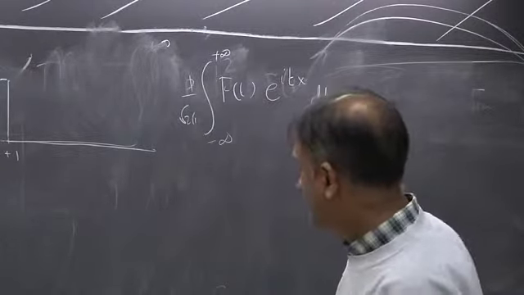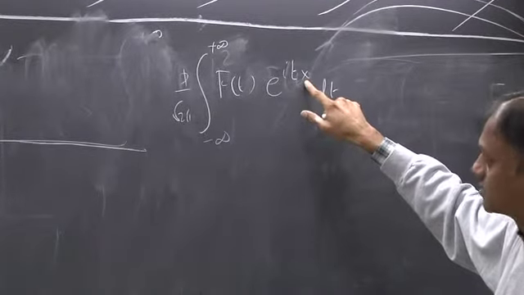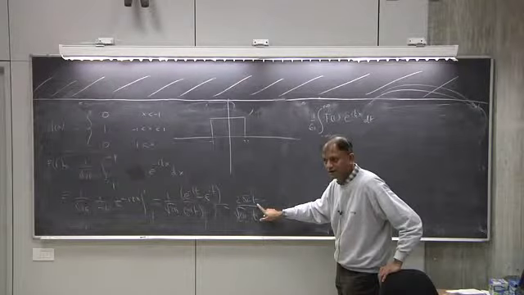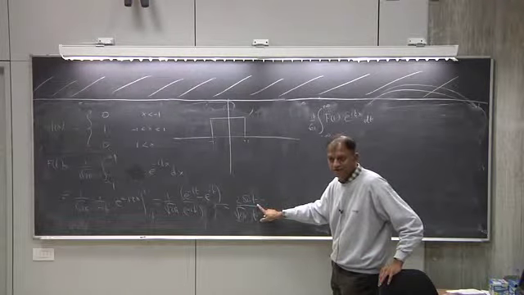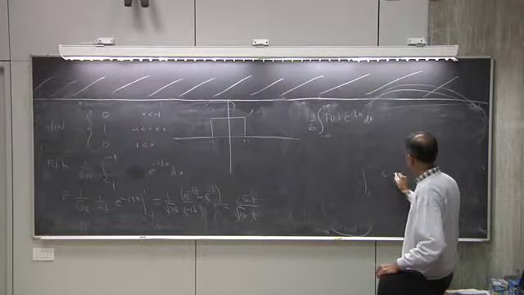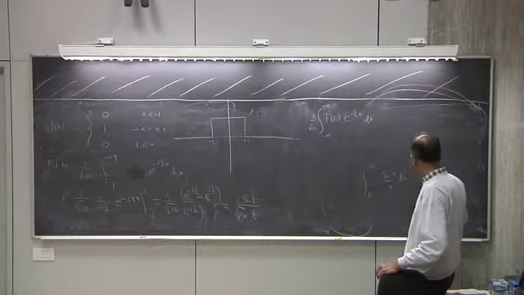At x equal to 0, this f of t is just that, and this integral we have already carried out in the second chapter. You remember we carried out this integral from 0 to infinity of sine x over x dx, and the answer was, I think, pi by 2.